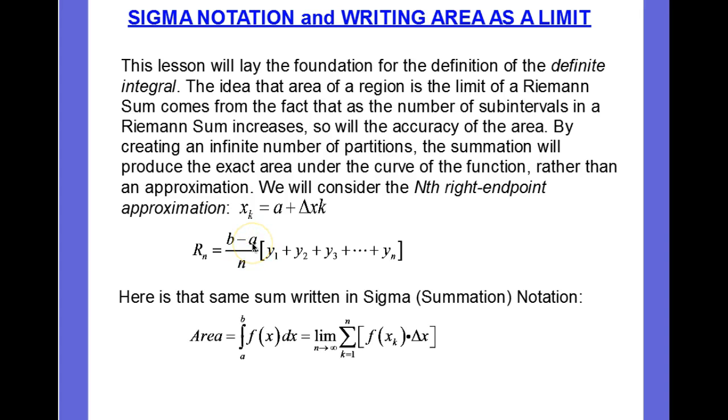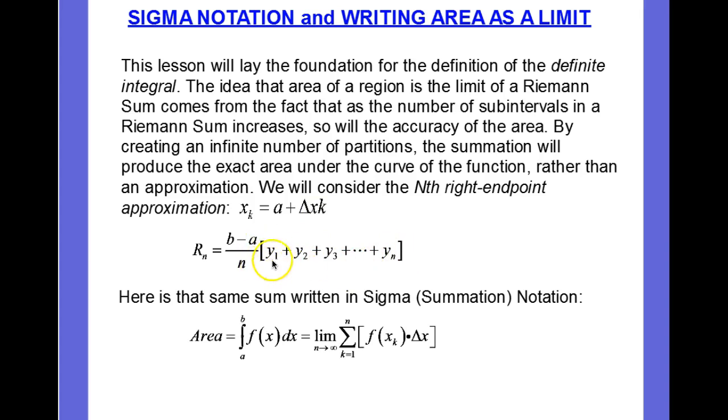Now remember how we said the height of the rectangle was given by the particular y value from the function? So for n subintervals, we're going to index our subintervals using the index k, as k goes from 1 to n.